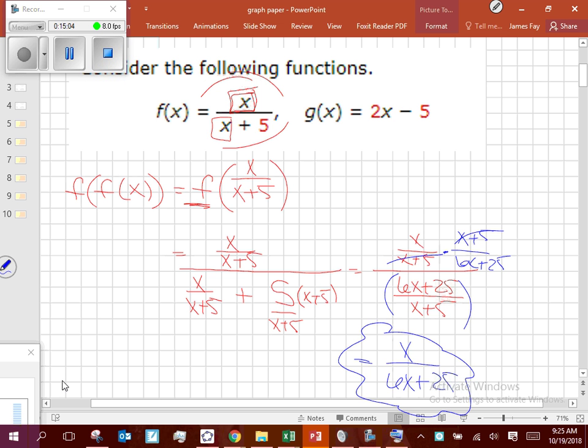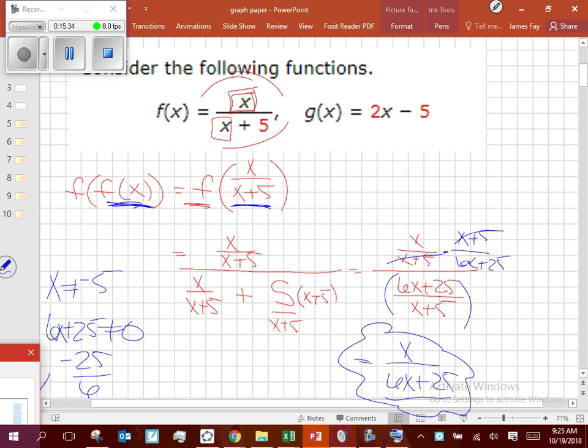Now I got to talk about the domain of it. Well, this original input, that thing right there, x cannot be what? -5. So that has to be part of my final domain. X cannot be -5. This is a problem when 6x plus 25 becomes 0, right? So let's see what that looks like. If I said 6x plus 25 cannot be 0, so give me what, -25 over 6? X cannot be that. Okay?